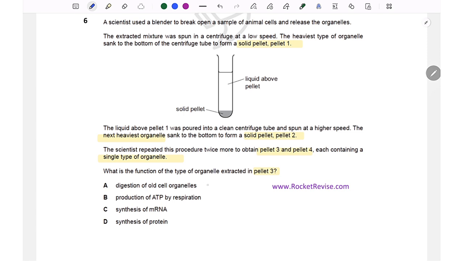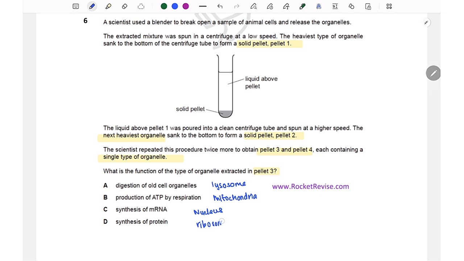Digestion of old organelles, that is lysosome. Production of ATP, that is mitochondria. Synthesis of mRNA, that is in the nucleus. Synthesis of protein, that is in the ribosome.